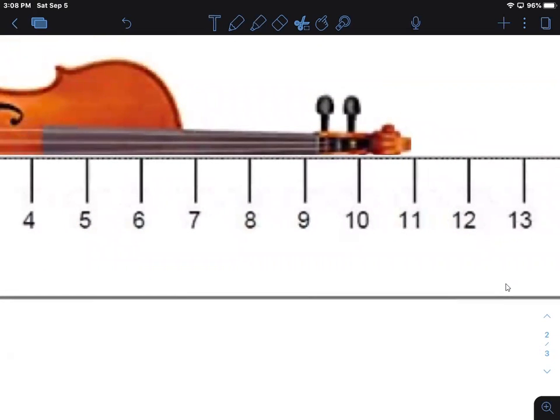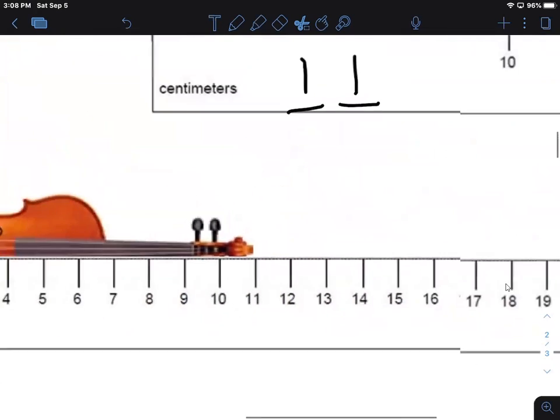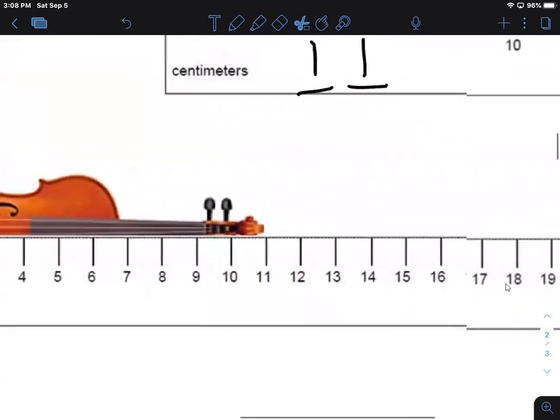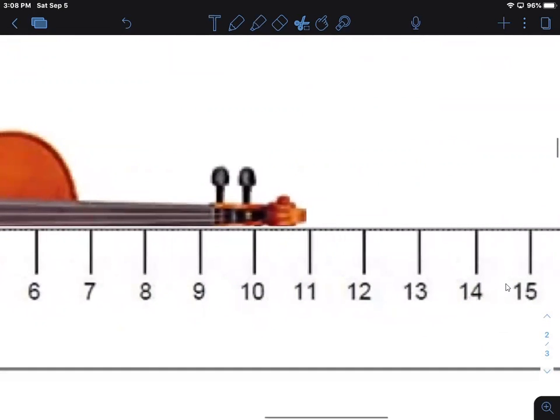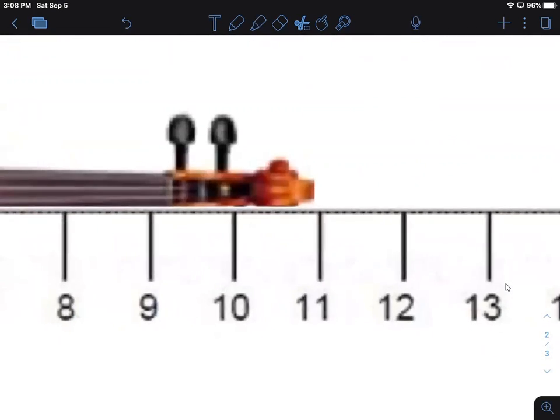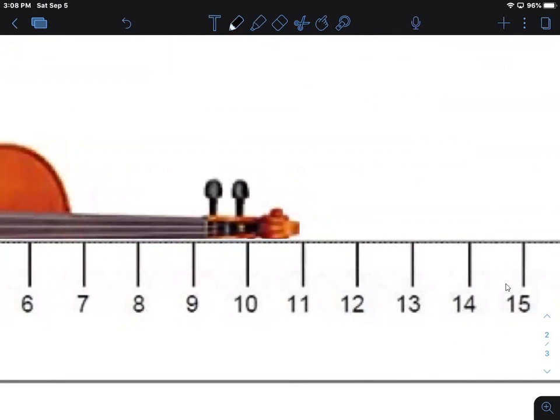I'm not quite at 11 yet, but I can get pretty close. I know I'm 10 something, right? So obviously this one can tell us the tens place is a 1. And it looks like I'm still on 10, I'm not at 11 yet. And I'm pretty certain about those because my tool has those marked out. I can clearly see I'm not quite at 11.